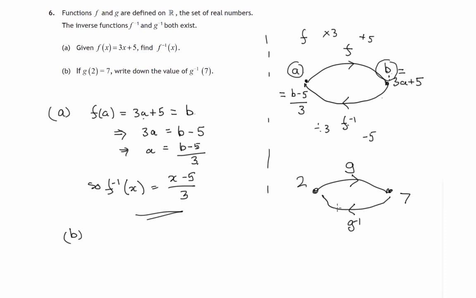Well, because it's the inverse, it gets back to 2. So since when we put 2 into g we get 7, 2 maps to 7, then the inverse, when we put 7 into g to the minus 1, we'll get back to 2.